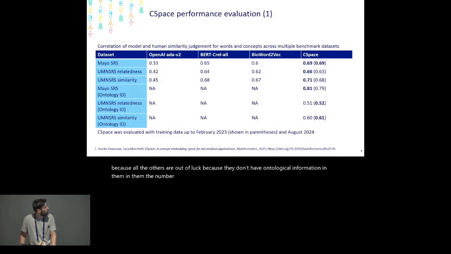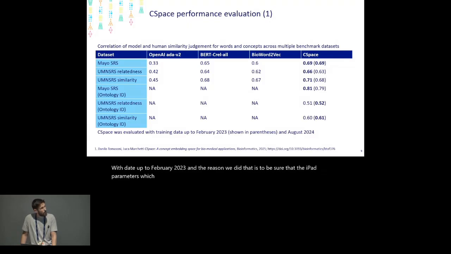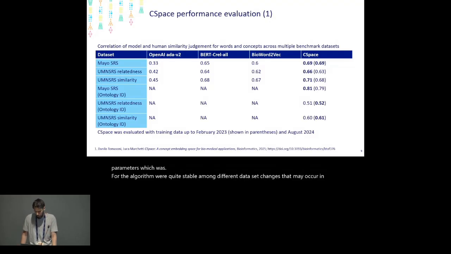The number between parentheses is the performance of CSpace just trained on less data, with data up to February 2023. And the reason we did that is to be sure that the hyperparameters we chose for the algorithm were quite stable among different dataset changes that may occur in time.